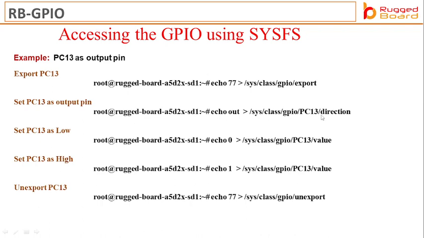So we are configuring PC13 as an output pin. Once we configure it as an output pin, we write the value. For that, we echo 0 into the PC13 value file. Once 0 has been written inside this value file, the LED will glow.